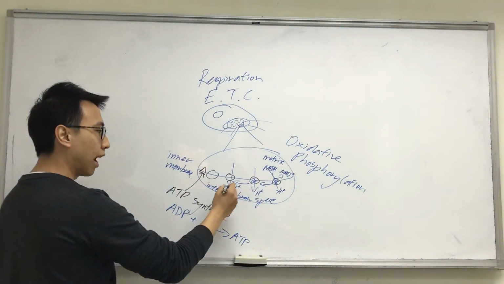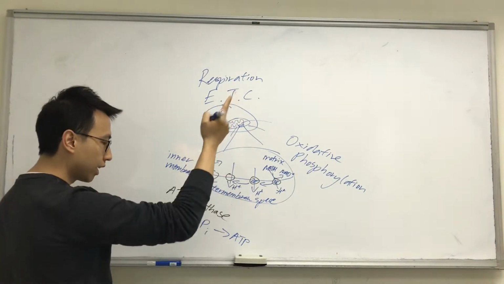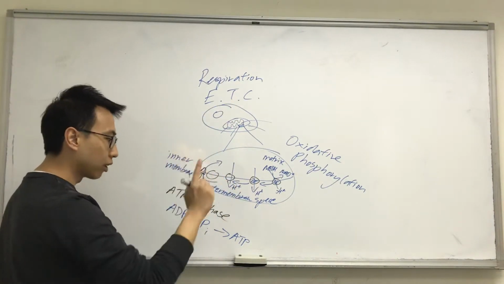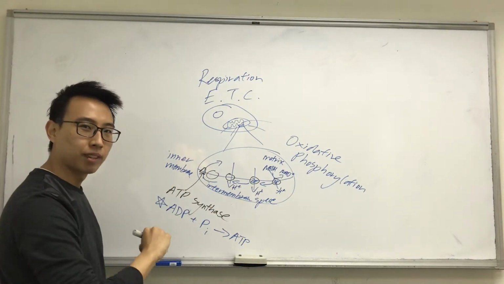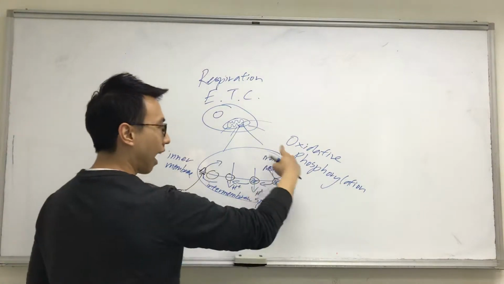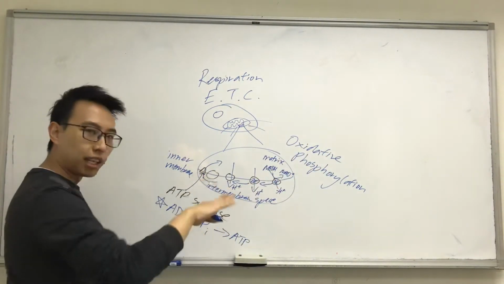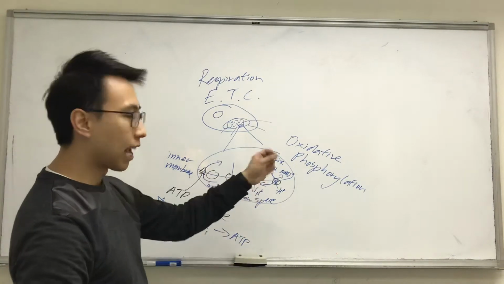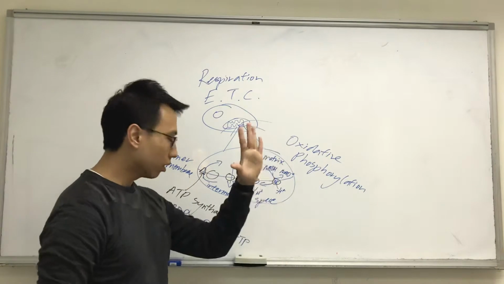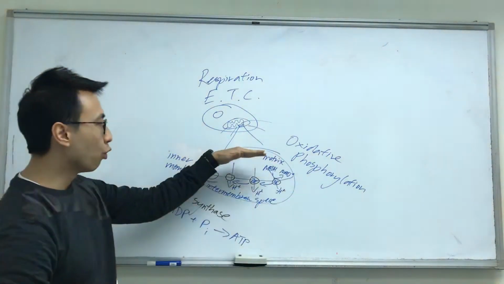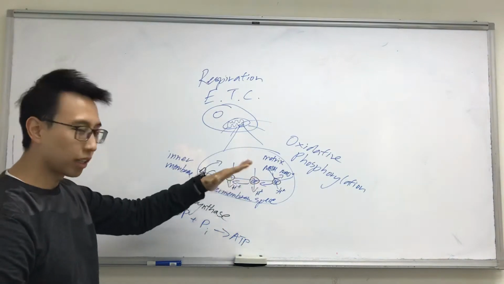As your hydrogen ions build up, they will go through the ATP synthase, and at the same time, this reaction is going to happen. Hence, you will see how oxidative phosphorylation works: oxidation of the NADH, loss of electrons, and at the same time, hydrogen ions move from the matrix into the intermembrane space.